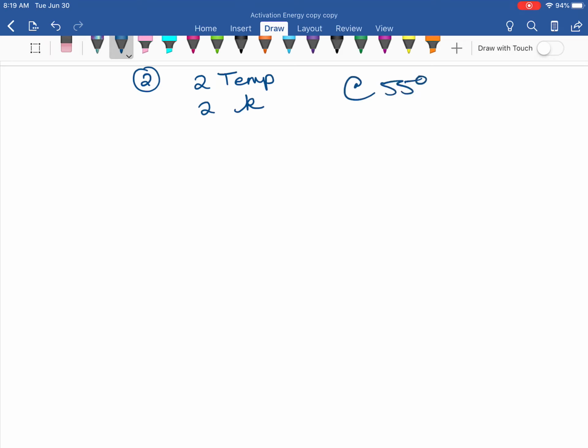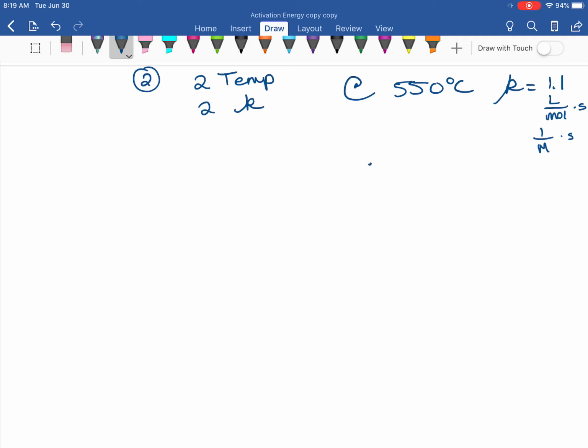So let's say at 550 degrees Celsius, the rate constant is 1.1 liters over moles times seconds, which is really 1 over molarity.